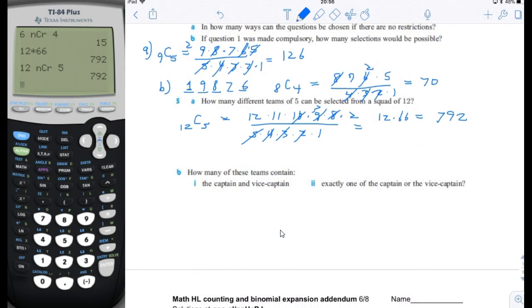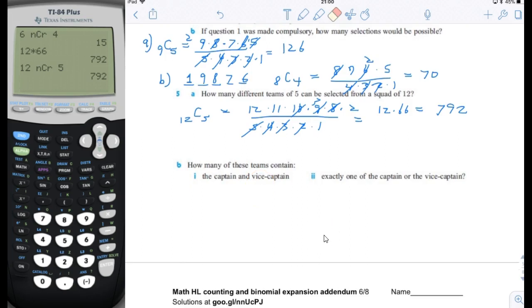Part B, how many of these teams contain the captain and the vice captain, or exactly one of the captain or the vice captain? Okay, so let's figure out how many ways you can choose a team of 5 from a squad of 12 and have the captain and the vice captain chosen as part of the team.